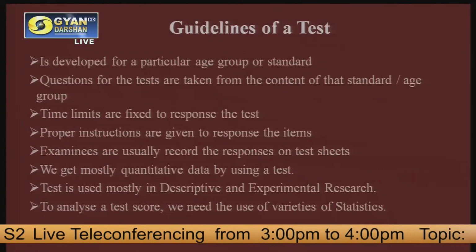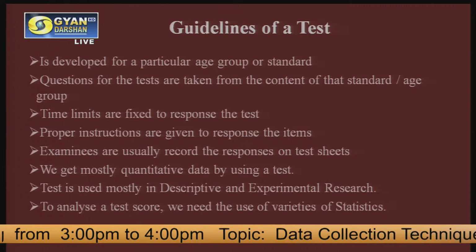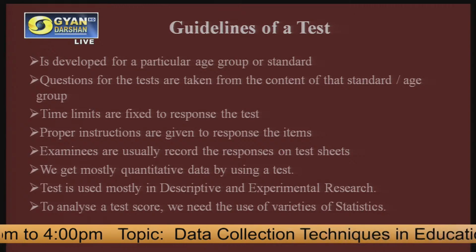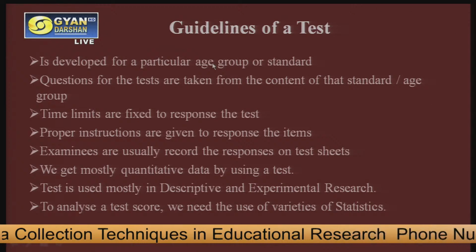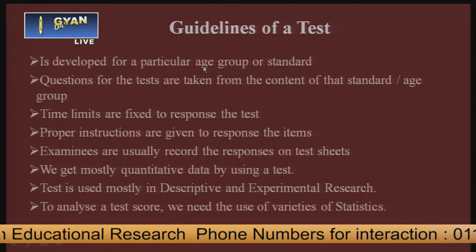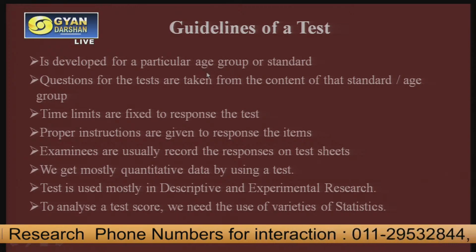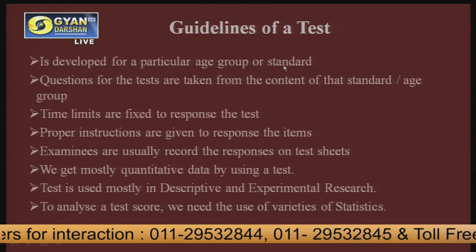And now let me focus upon some of the guidelines for preparing a test, which will help you if you are preparing a self-made tool. You see, a test is developed for a particular age group or standard. That means, let us say you are preparing for secondary school students, so they have a certain age group. It may be age 14 or 15. So that's why it is based upon a certain standard.